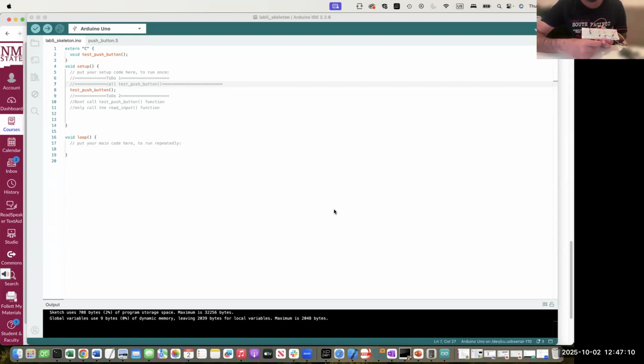So let me reset my microcontroller, and this time I'm connecting this jumper cable not with Y but with the Z leg of the push button.